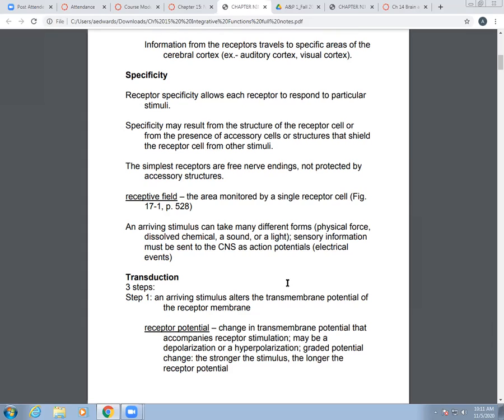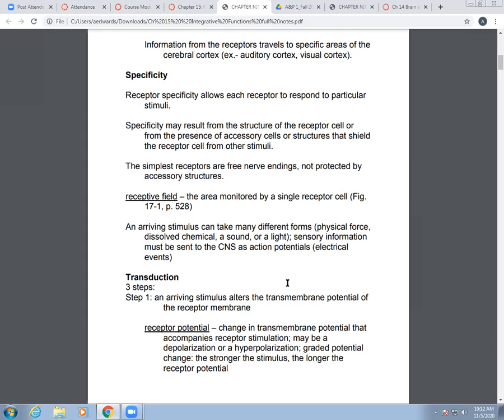All right, so an arriving stimulus can be in different forms. It could be some physical force, some chemical dissolved in the area, some sound, or a light. Now, sensory information has to travel to the central nervous system via some kind of action potential. You have the electrical events that happen.